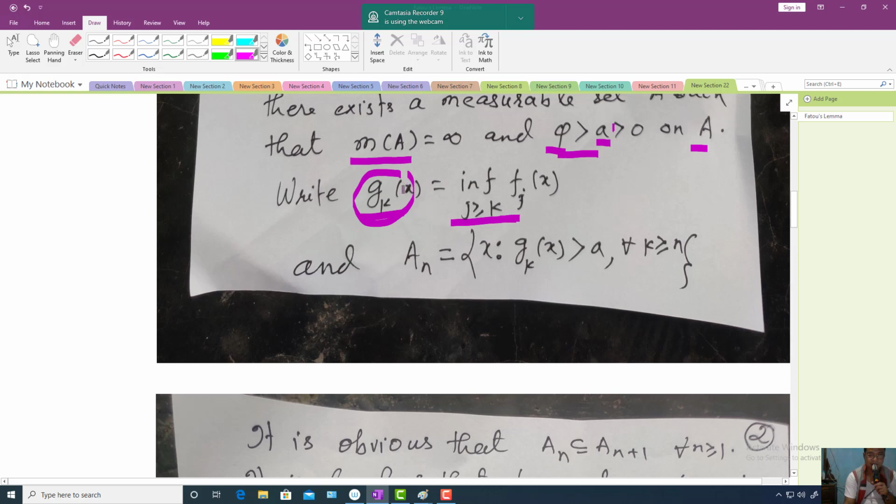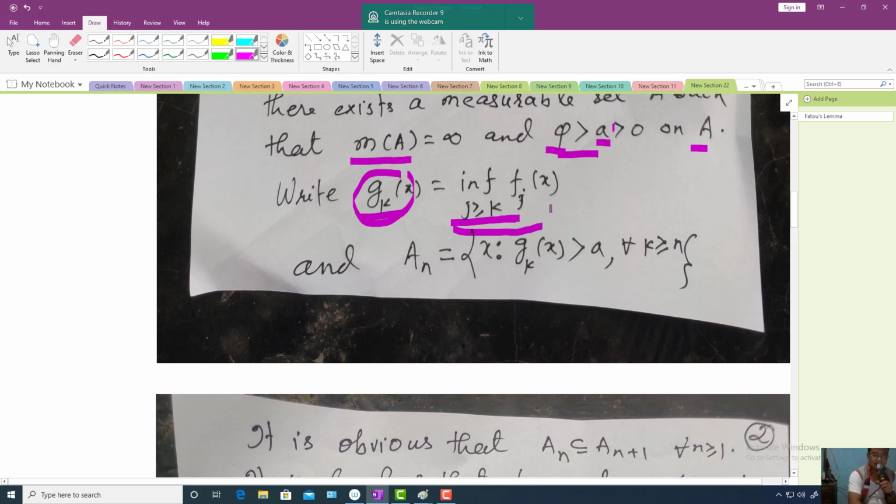You have a sequence g1, g2, g3, g4; for a particular value of x, g1(x), g2(x), g3(x), you have a sequence that is monotonic increasing also. That is straightforward from the definition of the infimum function that we have already talked about last time. So you define gk(x) like this, the infimum of this one.